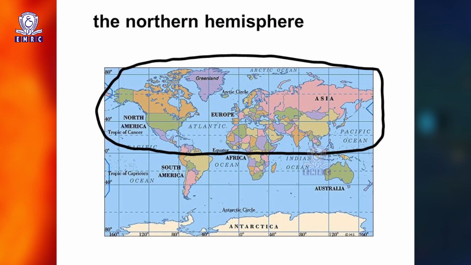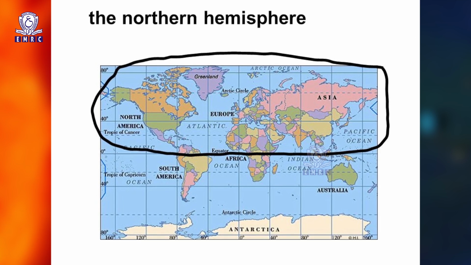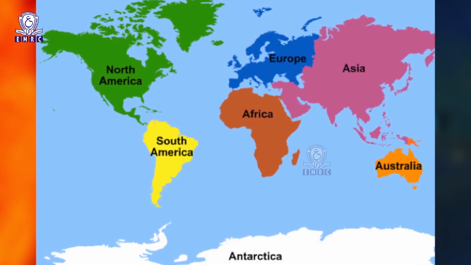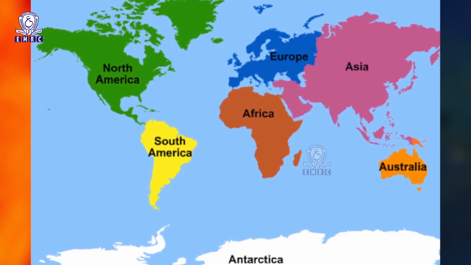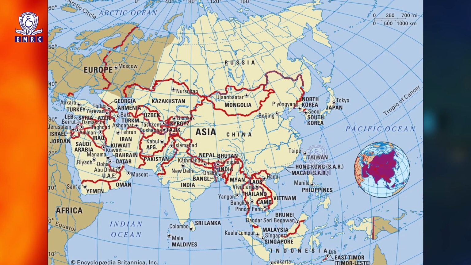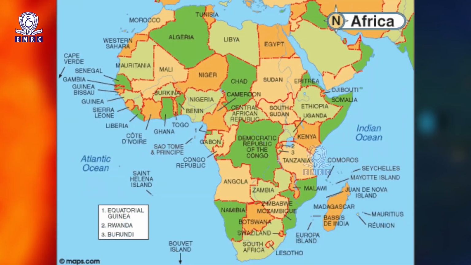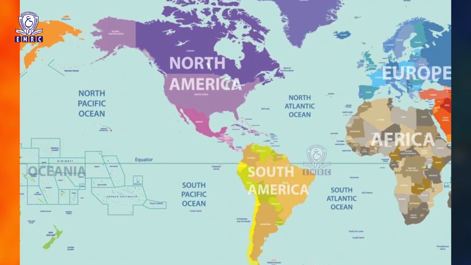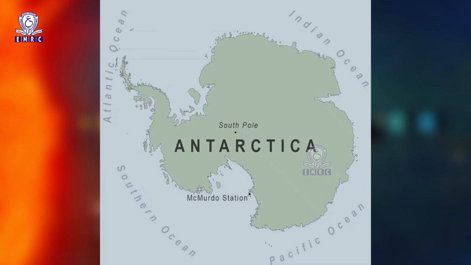Nearly 2/3 of the land mass is located in the northern hemisphere. The land surface on the earth is divided into 7 continents. These continents are Asia, Europe, Africa, North America, South America, Australia and Antarctica.